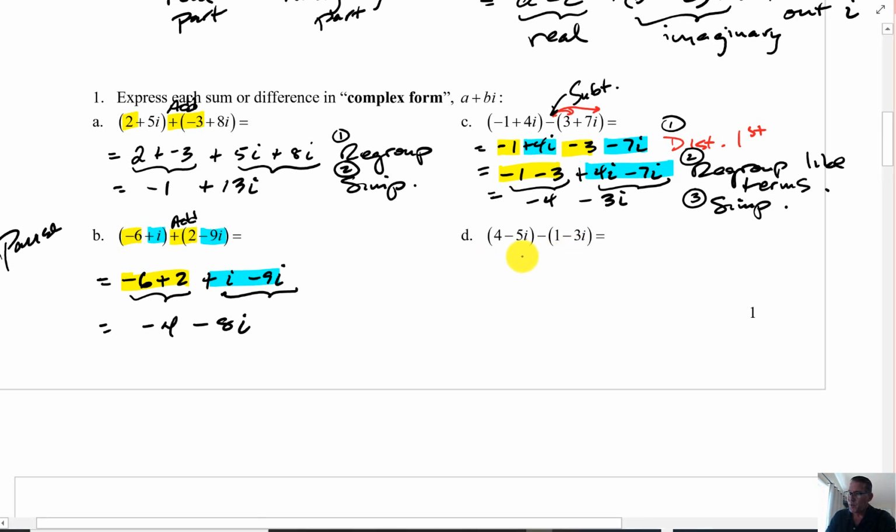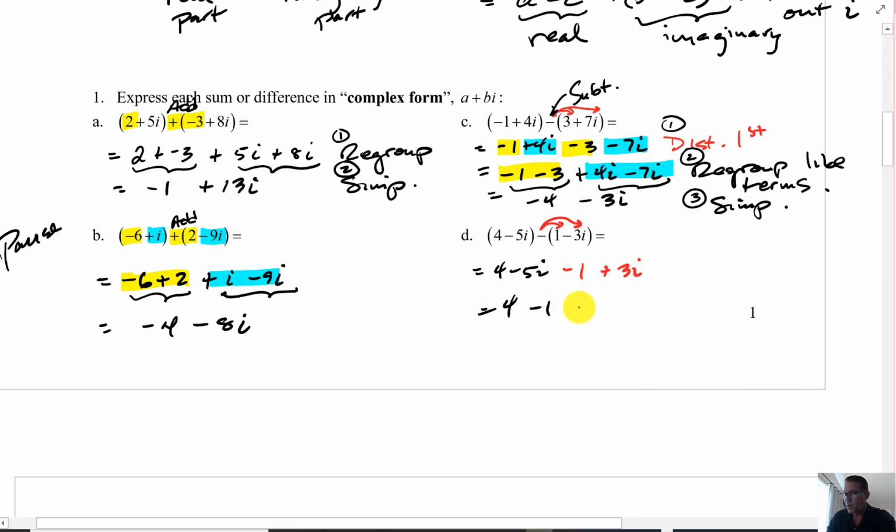Okay, let's distribute first. So I'll drop the parentheses on the first one here, and you distribute through. Okay, you got to subtract both of them and keep track of your signs. So what do I have? I have a minus 1 and then a plus 3i. A negative times a negative is a positive. If you subtract what's already being subtracted, you add. Okay, regroup.